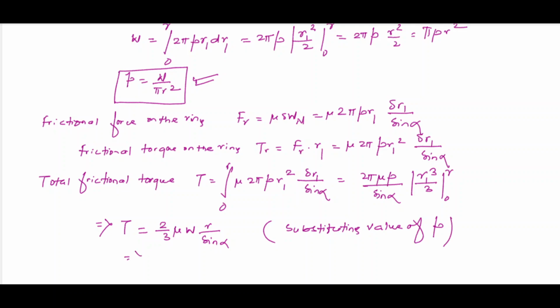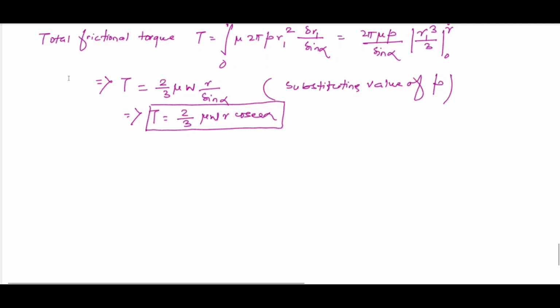Or you can say this T is equal to 2 by 3 mu W r cosec alpha. Okay, this is for uniform pressure.